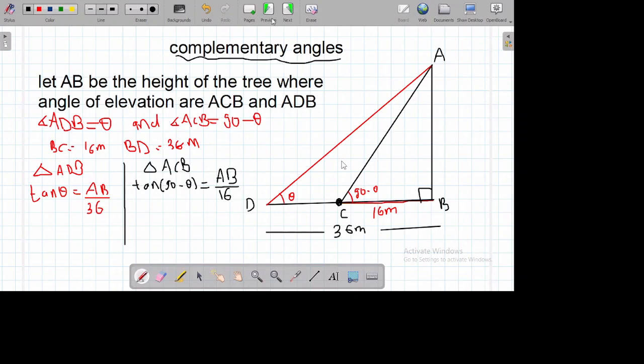First of all, we took tan theta, which means P by B. Then we went to 90 minus theta, so tan 90 minus theta means AB by 16.